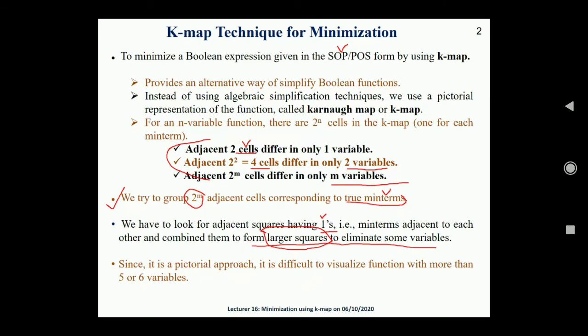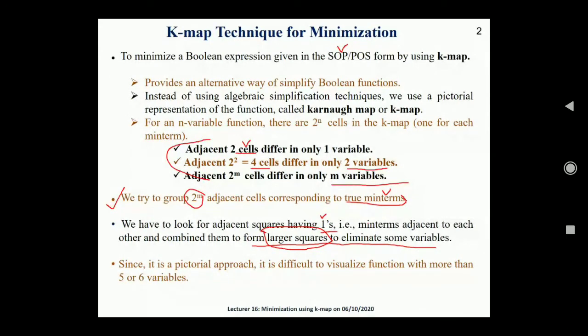It is not that it is not possible, but it is very difficult. For 8 variables, the KMF is also very large, many cells are there, and how to make the groups is very complex. So people are not using KMF when it is 5 variables.